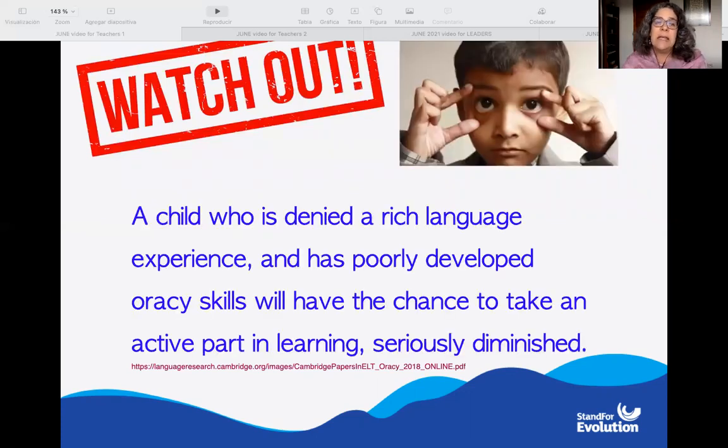A child who is denied a rich language experience and has poorly developed oracy skills will have the chance to take an active part in learning seriously diminished. So it's very important that children are exposed to rich language experiences and contexts so they can get the best models of talking, speaking, and producing language.